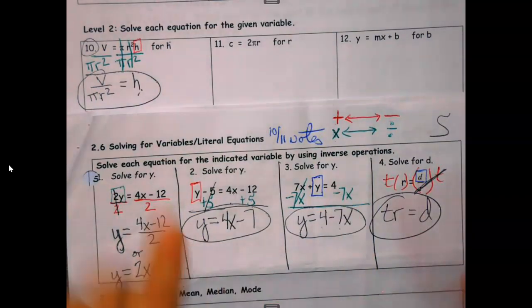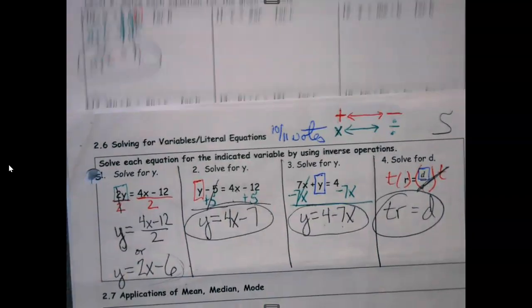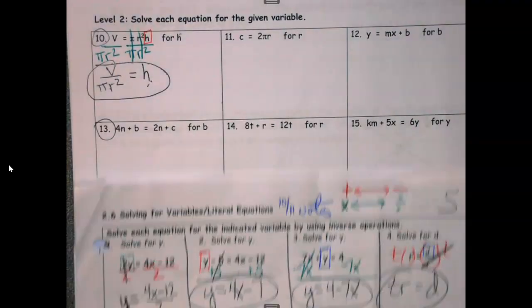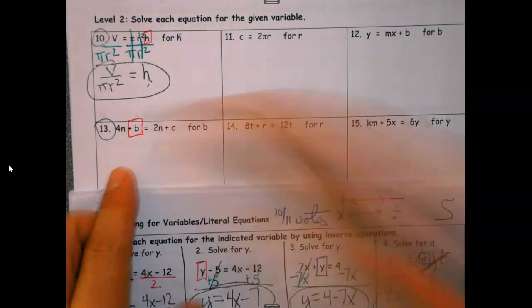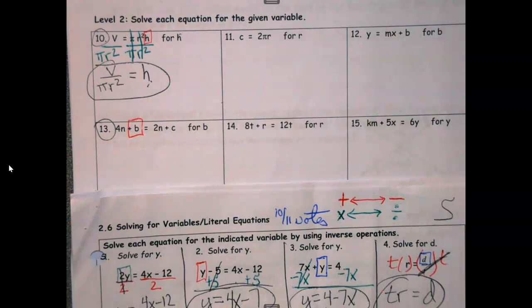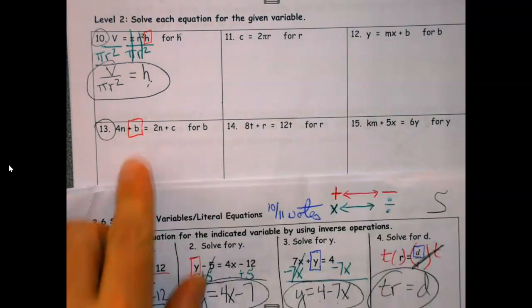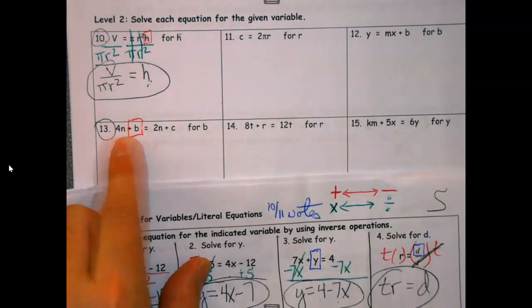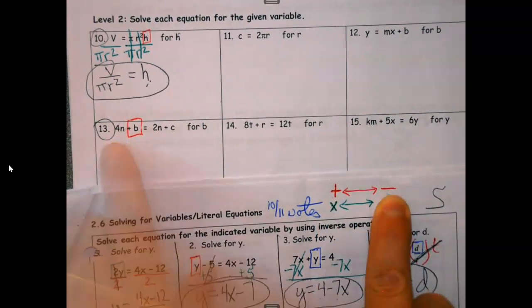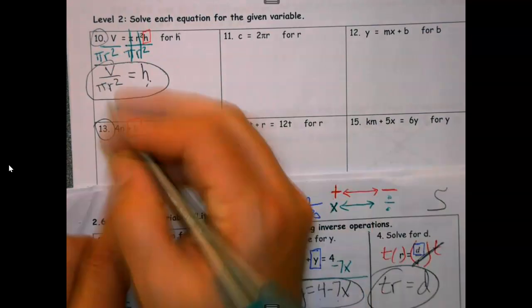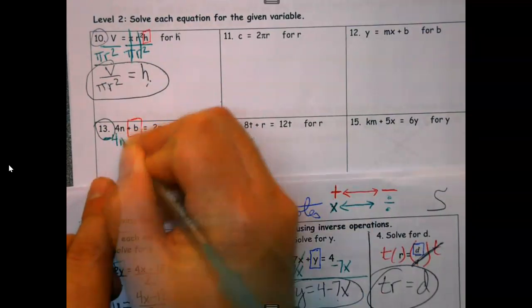Which variable, what's the one thing I got to do to change it up, and then do that. Keep boxing stuff in. Okay, I see the plus in here, so that's a positive 4n that I have to do the opposite of to make it go away.